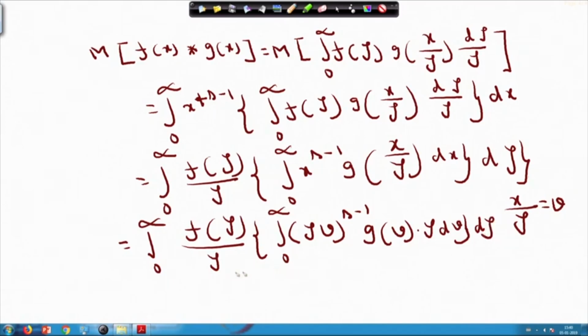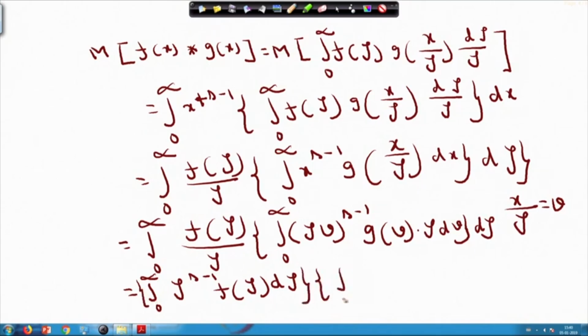So now I can break this into independent integrals. One is the integral from 0 to infinity of η to the power s minus 1 into f(η) dη. The other one is the integral from 0 to infinity of v to the power s minus 1 g(v) dv.